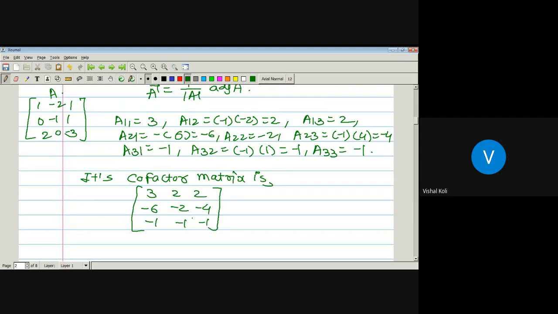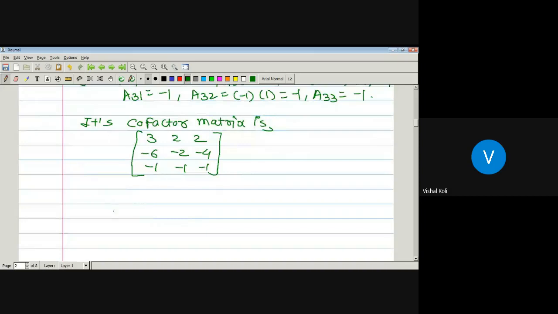Okay, now adjoint of A. Adjoint of A is just a transpose of this matrix. Just take a transpose, it's 3, 2, 2, minus 6, minus 2, minus 4, minus 1, minus 1, minus 1. Okay, so adjoint of A is nothing but this matrix.